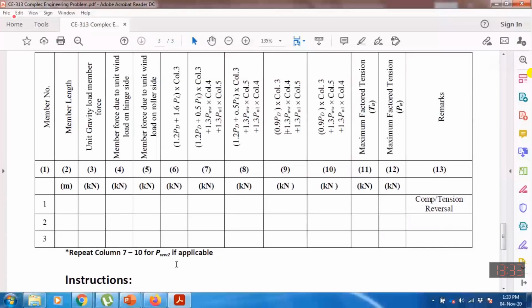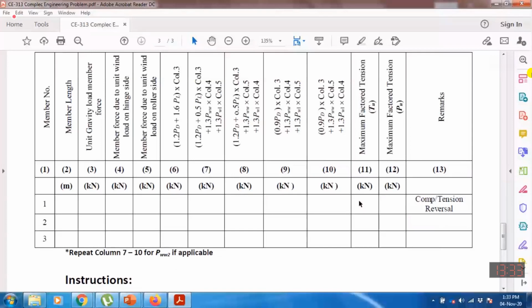After completing this table, you can determine the maximum tensile force due to any load combination here. You can also write down the maximum compressive force due to any load combination in any particular member. Whatever the value is, you can write it here.